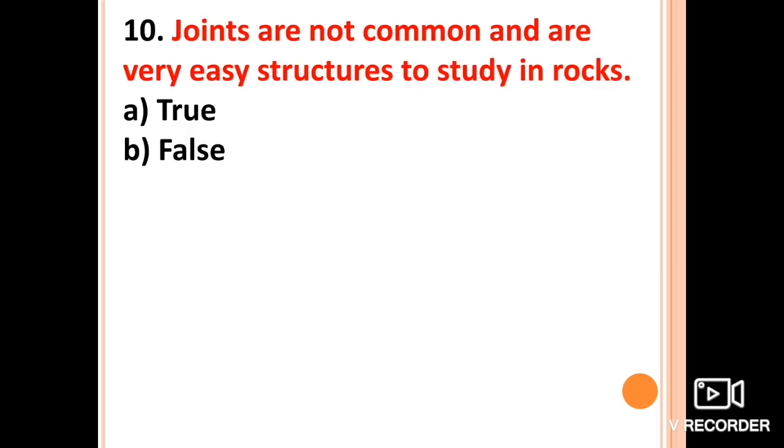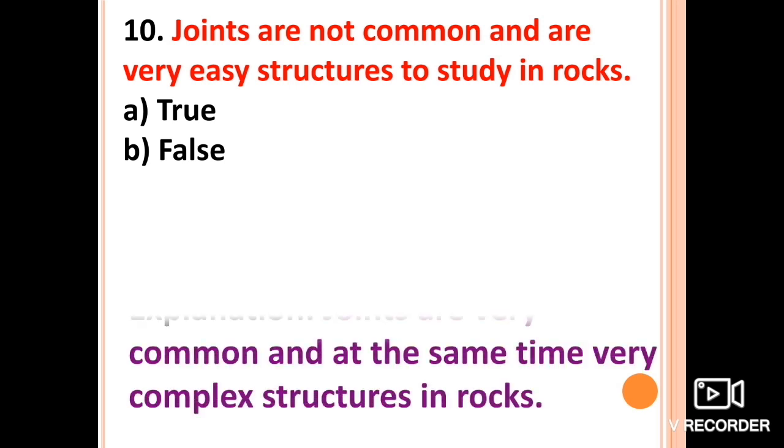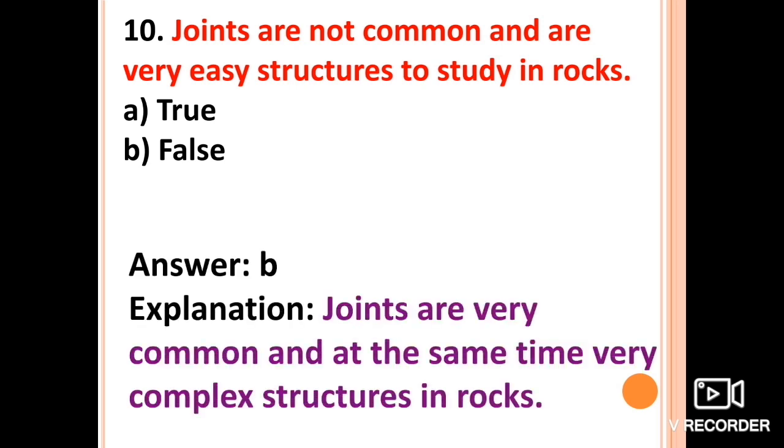And next one is joints are not common and are very easy structures to study in the rocks. The statement is true or false? So the statement you have to straight away take as false, because they are not easy structures.